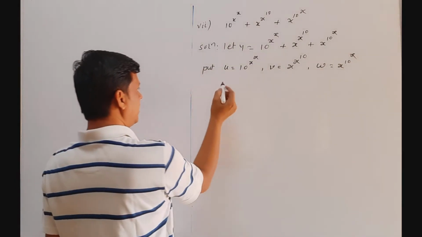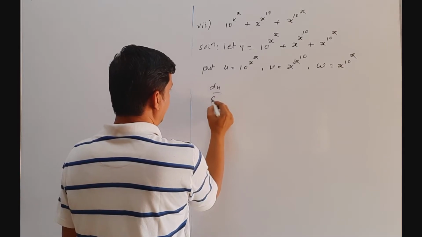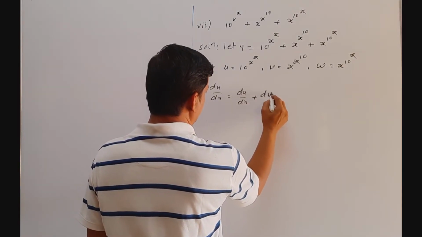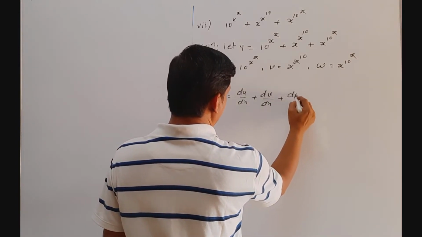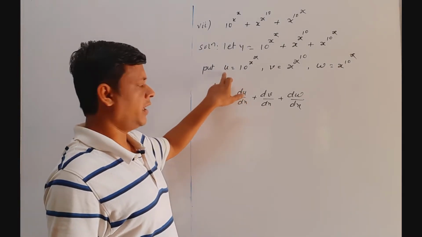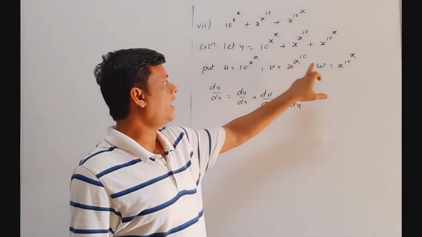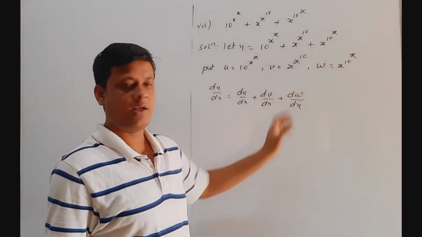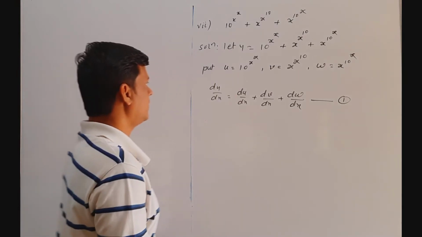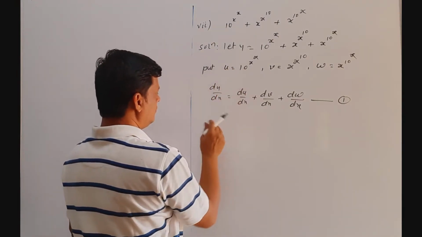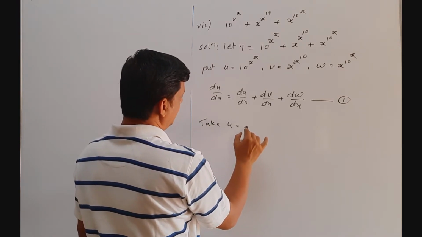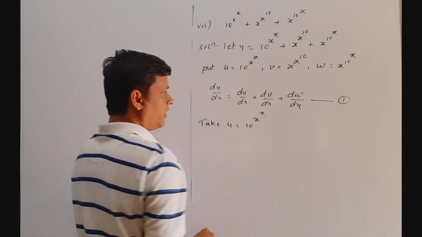We have to find here dy by dx is equal to du by dx plus dv by dx plus dw by dx. That means we find the derivative of u, the derivative of v and the derivative of w separately, and then we substitute those values in equation number 1. So from the equation of u, we write here, take u is equal to 10 raised to the power x raised to the power x.